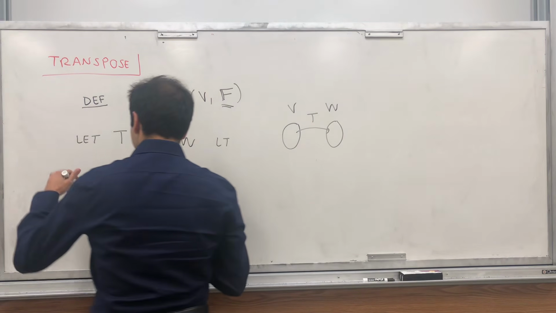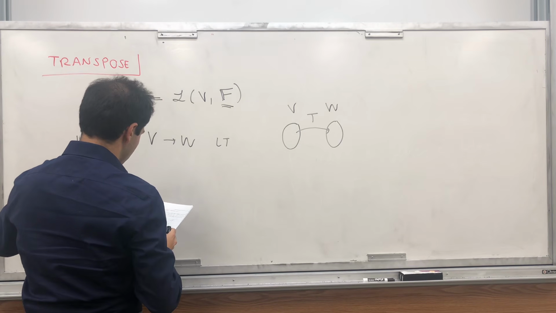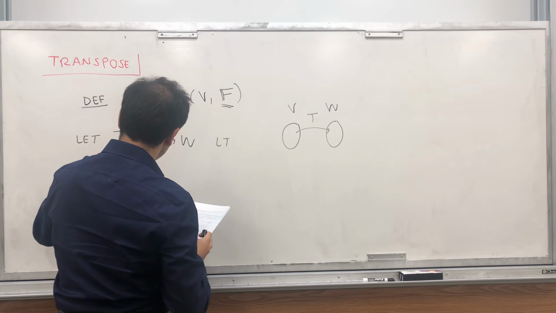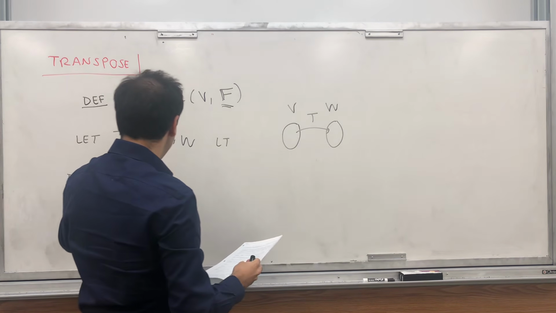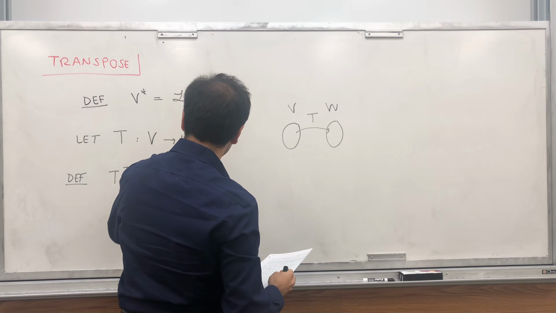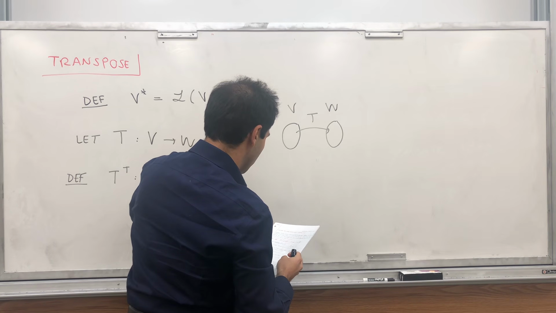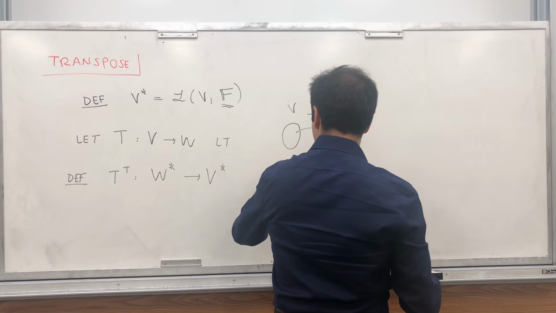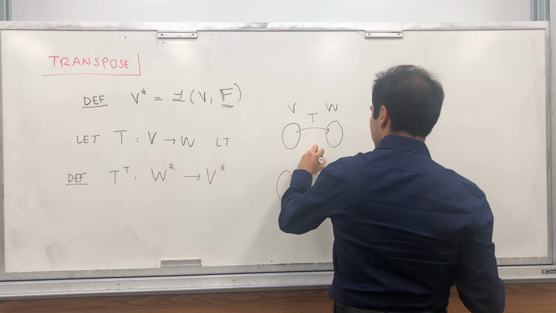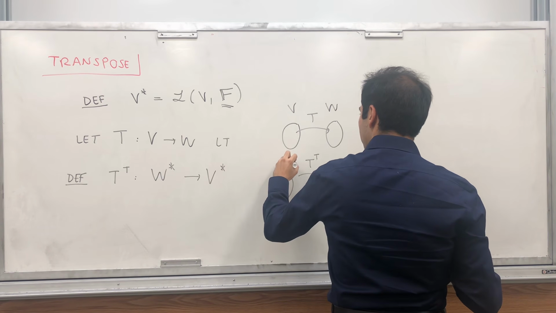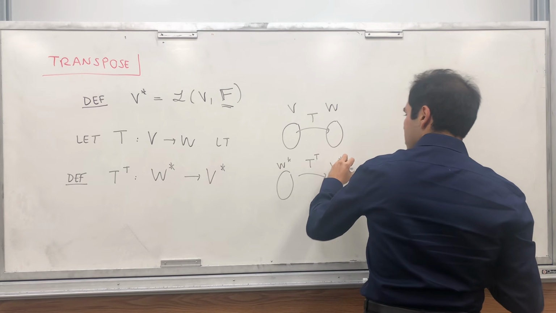So define now T transpose to go from the shadow space, the dual space of W, going from W star to V star. So somehow T transpose goes from those weird shadow spaces, from W star to V star.